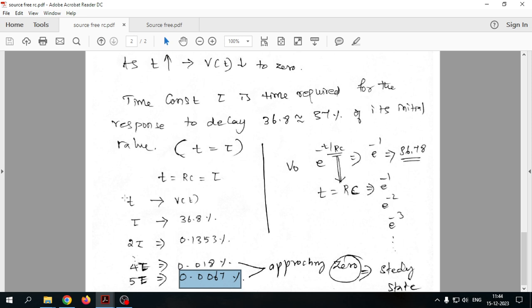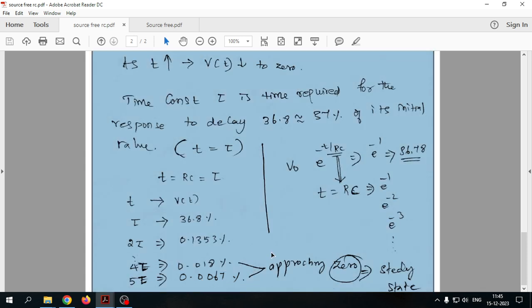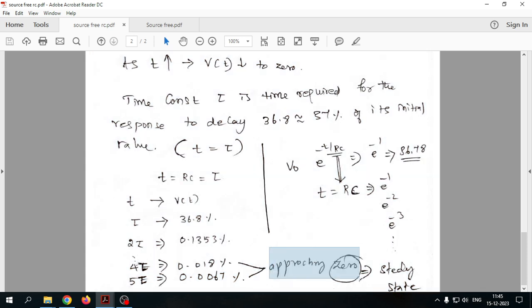What it says is, from the initial value at t equal to 1 times RC, we got 36.8% approximately, and when it approaches 5 tau, the value of stored energy is 0.0067, which means the energy stored in the capacitor is approaching the value of 0.